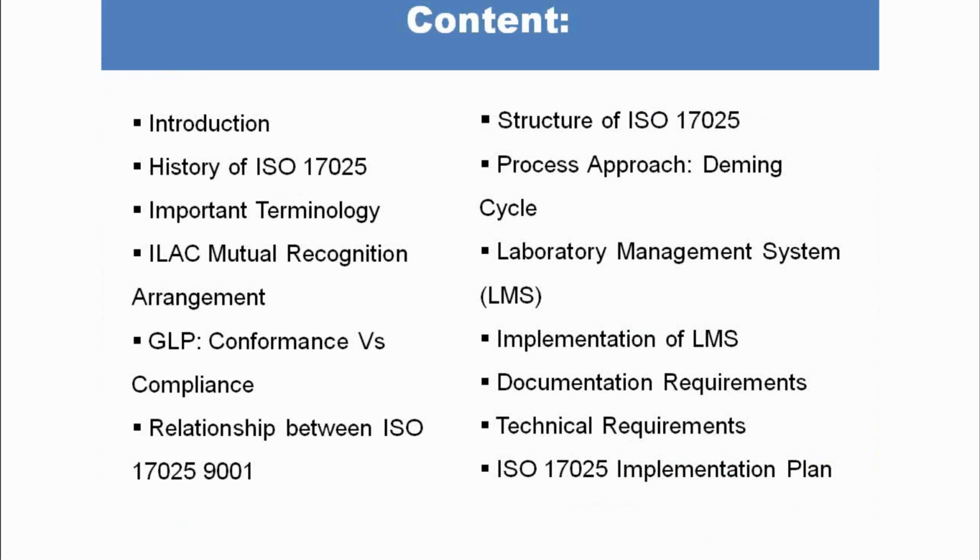And what is the relationship between ISO 17025 and 9001? There is a sort of marriage between both standards, and they're actually closely linked. And the structure of ISO 17025 that would take us into both the management requirements and the technical requirements. We are going to look at process approach, which we also call PDCA.